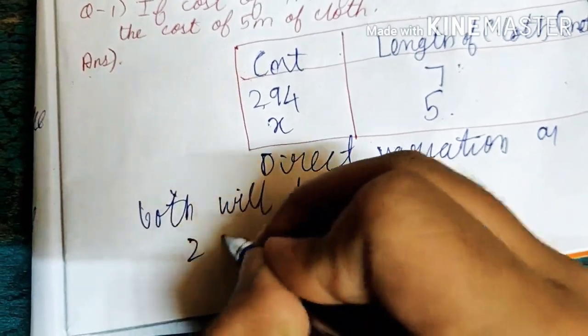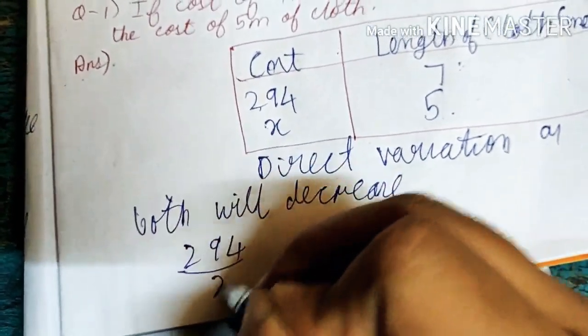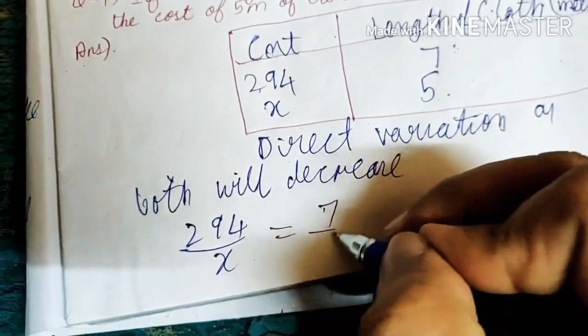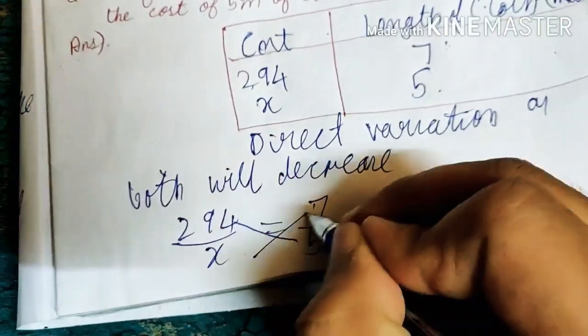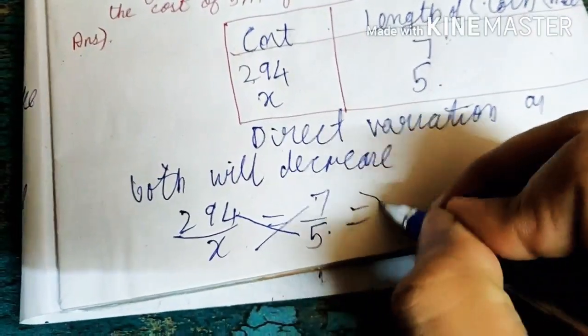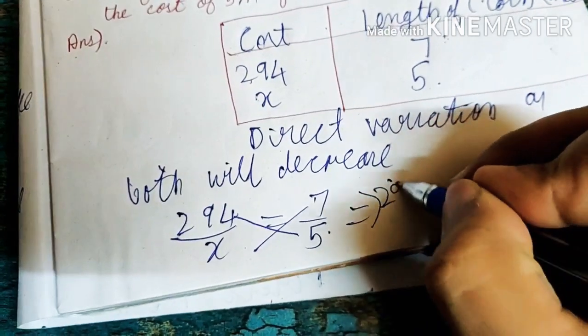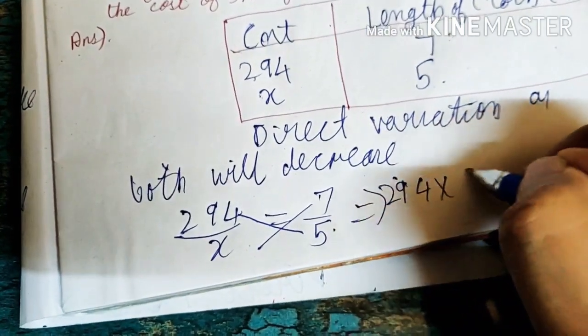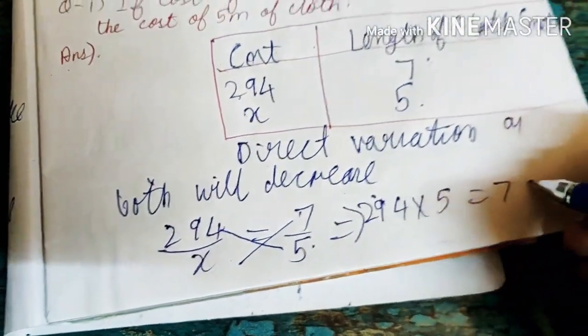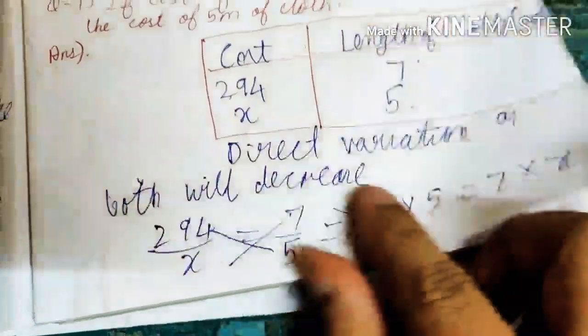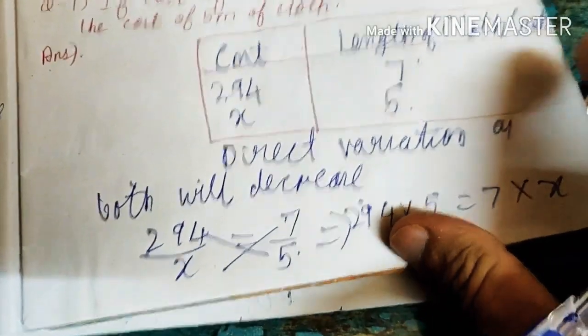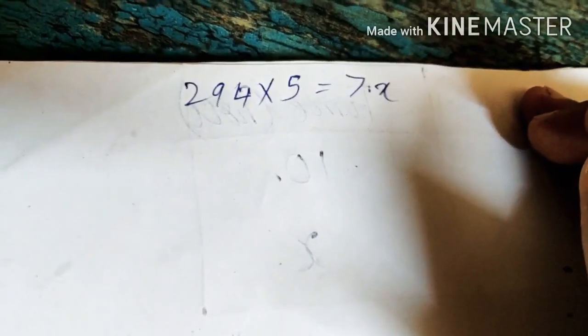Okay, so we will write it in the same way. 294 upon x equals 7 by 5. So this will be cross multiplied. 294 into 5 equals 7 into x, means 294 into 5 equals 7x.